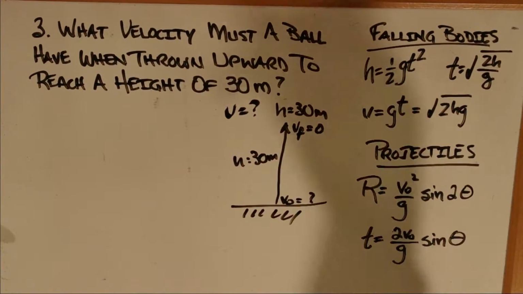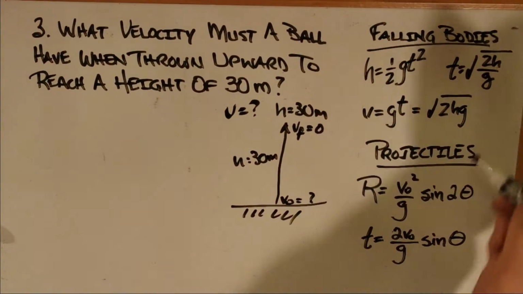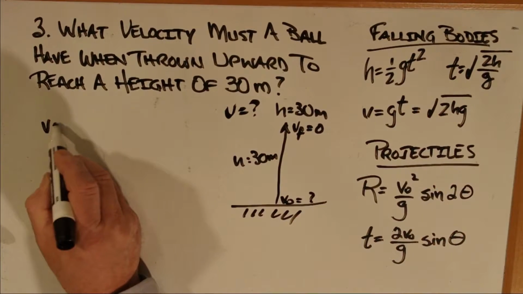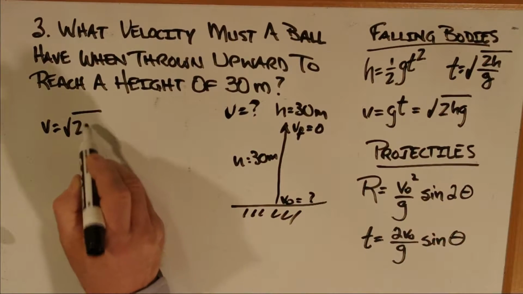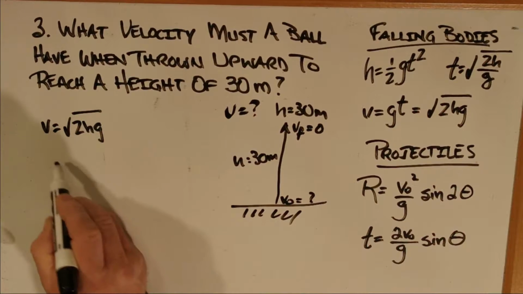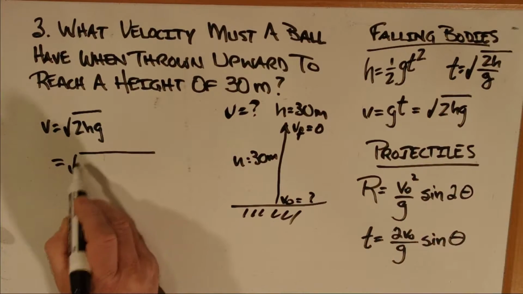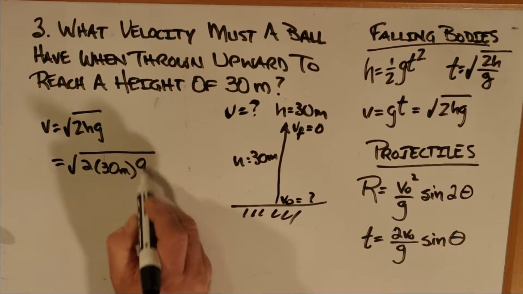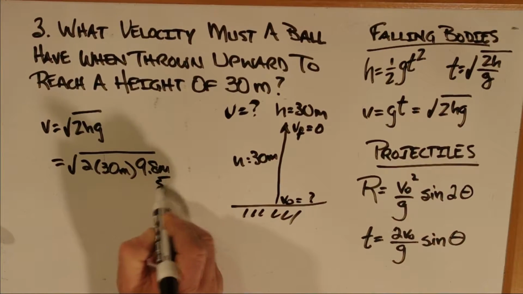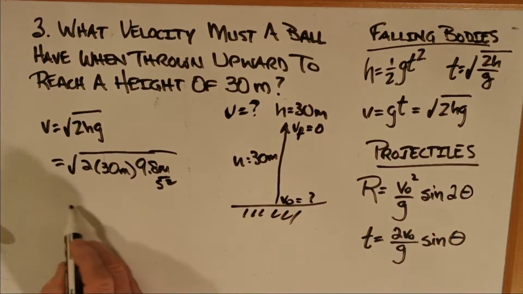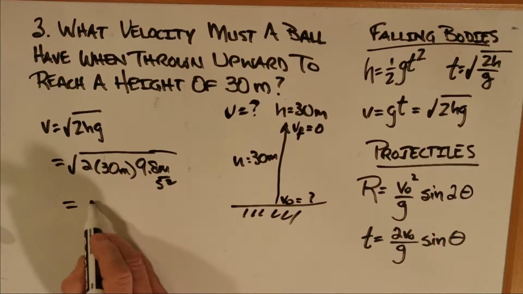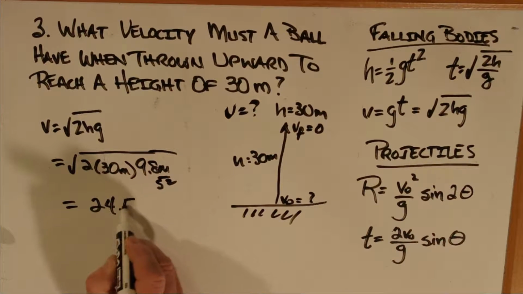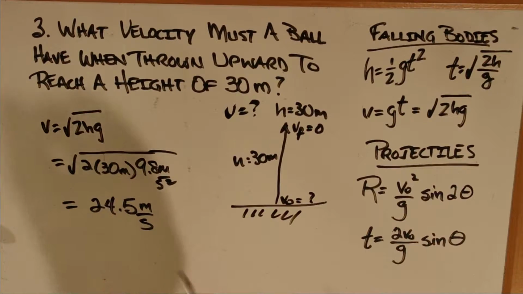This is just an upside down terminal velocity question. And so we have v is equal to the square root of 2 times the height times gravitational constant. Here it's 2 times 30 meters times 9.8 meters per second squared. See the units, the answer is going to come out in meters per second. And when we do the arithmetic, we come up with 24.5 meters per second.